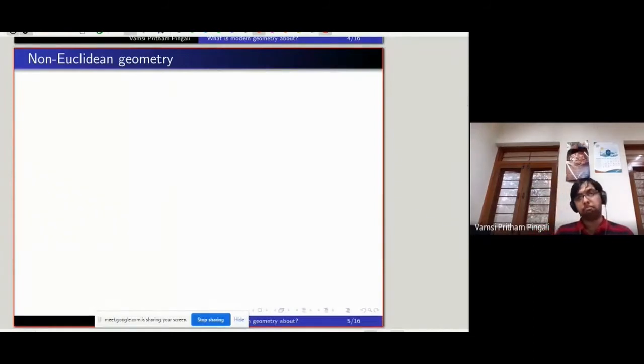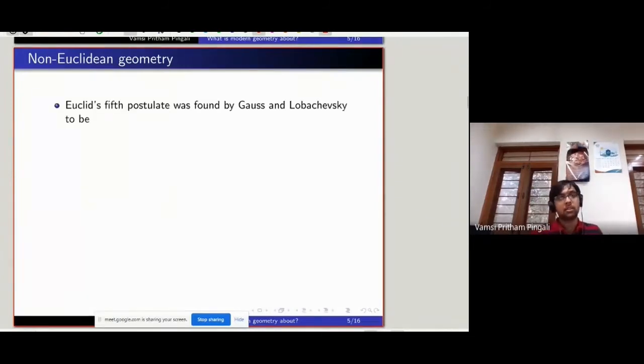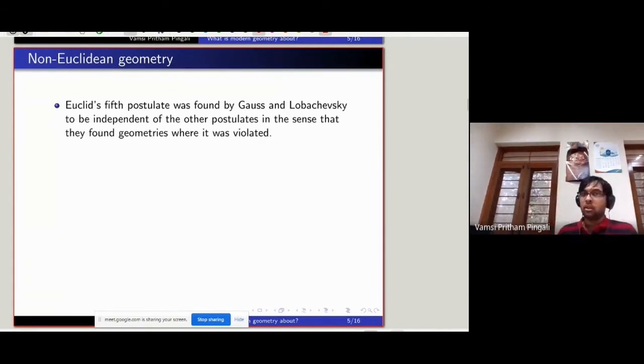The problem is their efforts were completely in vain because this postulate was found by Gauss and Lobachevsky to be independent of the other postulates, in the following sense: they found geometries. What do I mean by geometries?